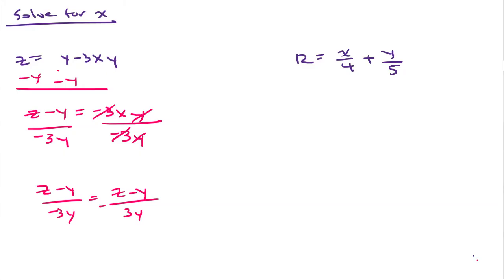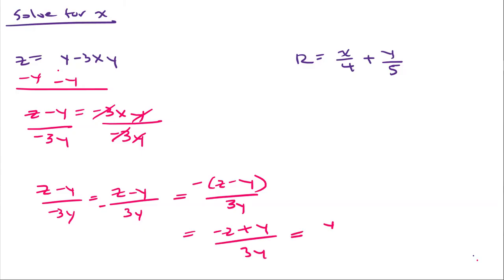Or you can put that negative in the top and then distribute, giving you negative z plus y over 3y. A lot of times the lab likes doing it this way, because I don't like the negative there. But anyway, any of these will work, so all of these are equal to each other.